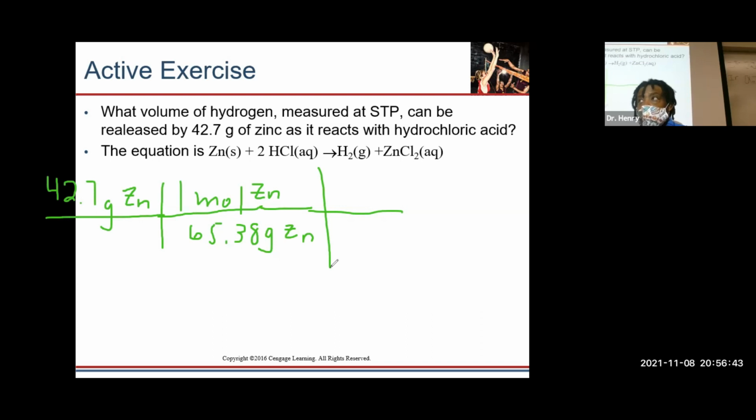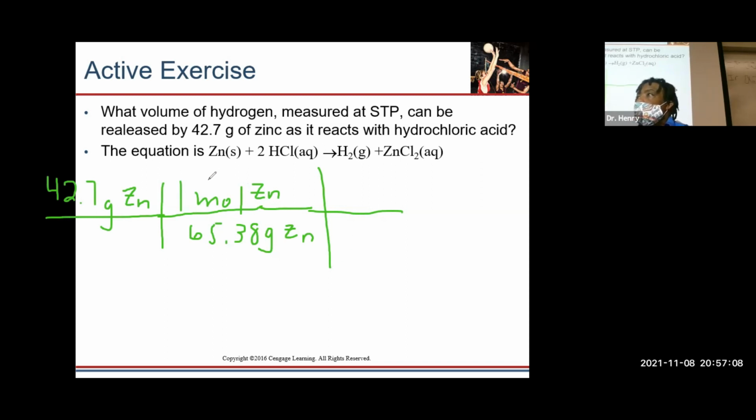Am I going to use Avogadro's number? I'm going to use the mole-to-mole ratio, right?